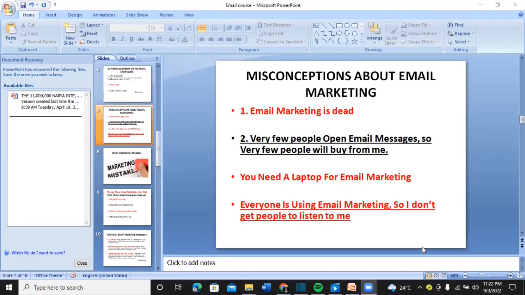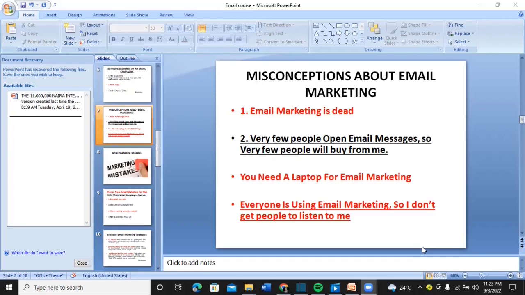Even if you didn't buy it for other reasons, if you have considered buying something through a message sent to your email, then it is absolutely possible that others who have the money and the need are buying because they were sent email messages that they open and get to buy things.